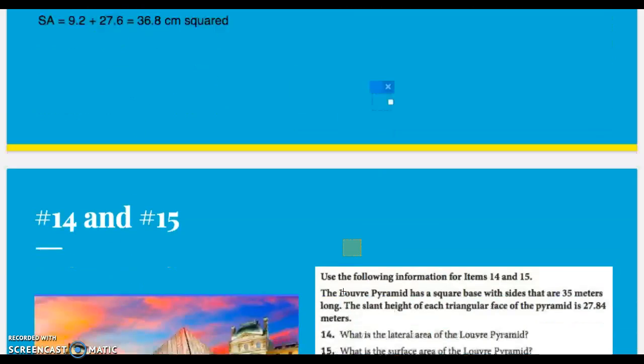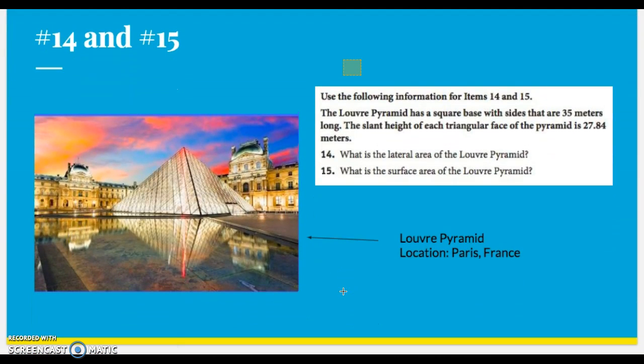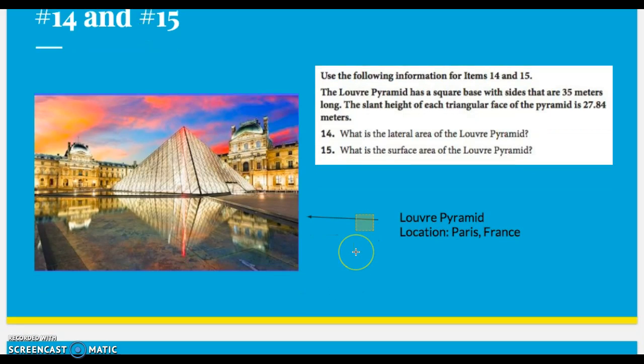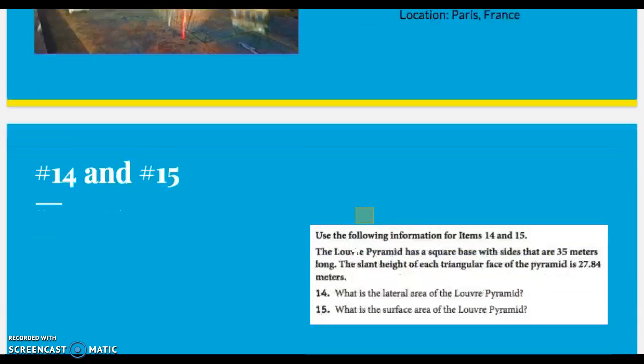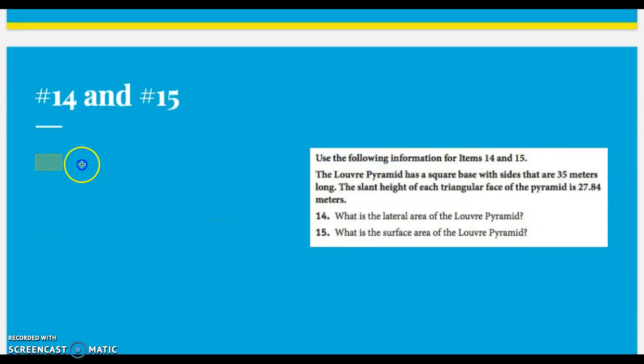There's 12 and 13. All right, so there's 14 and 15, which is the Louvre Pyramid, which is located in Paris, France. That is a pretty awesome looking contraption there. And then once again, we're going to find the lateral and surface area. So let's move on down here. All right, so number 14, we're going to find lateral area.